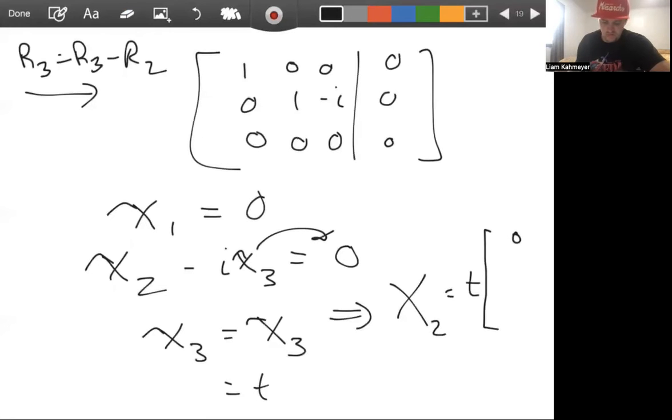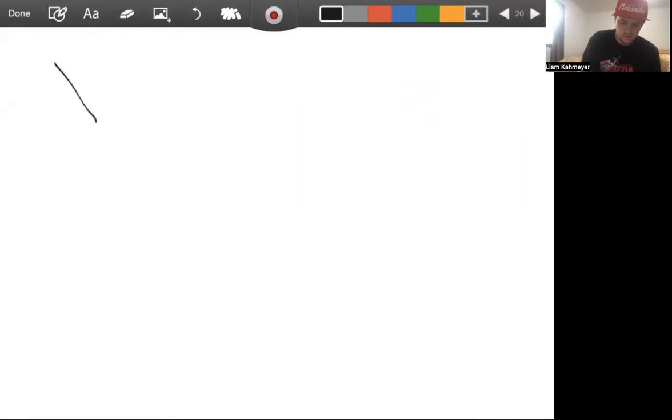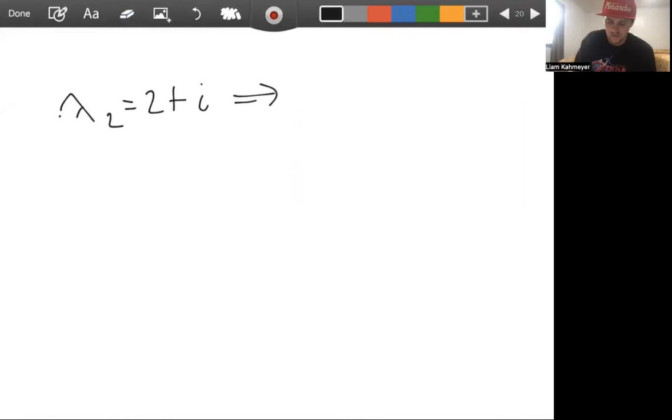Then x2 is i x3, so i times t, and x3 is x3, so you just get 1. And so you can conclude that the basic eigenvector for lambda 2 equals 2 plus i, the corresponding eigenvector, was X2, which is 0, i, 1.